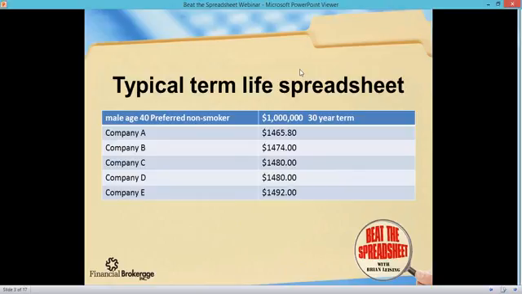So if you're running these rates, another agent is running these rates, your prospect has gone online and found some rates on a quoting calculator themselves, everybody is coming up with the exact same rates in the exact same companies. So what can you do to help differentiate yourself from the competition and show that you have got some value beyond the other person or beyond some random computer out there?